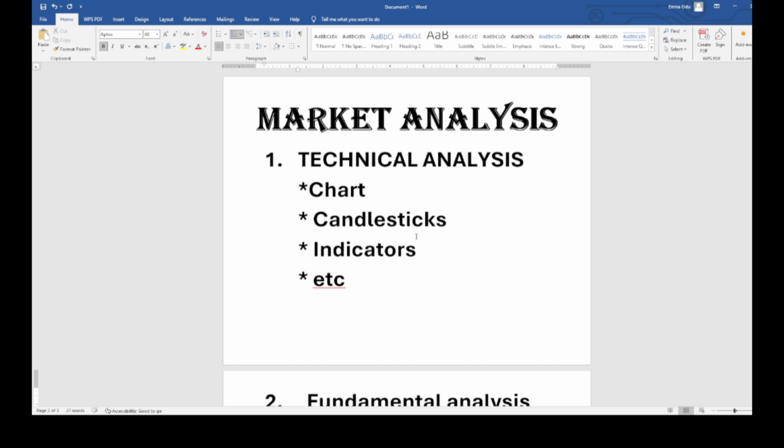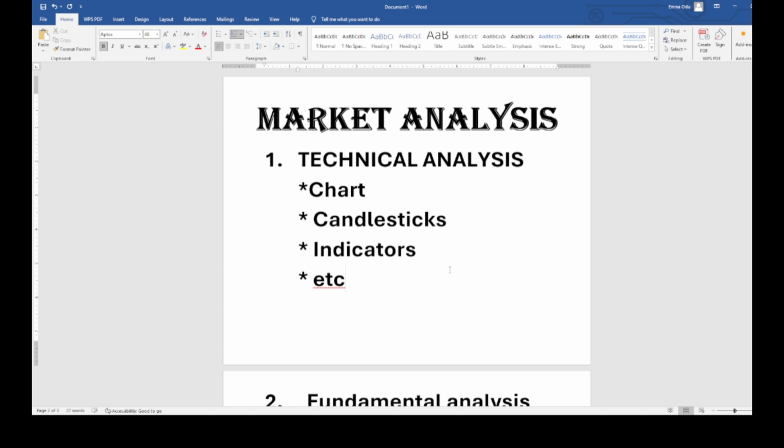So what we're about to do is called technical analysis, and we are analyzing the markets using the charts and candlesticks. If I'm going to use indicators, maybe one or two indicators, but when it comes to price action, the best tools to use are the chart and the candlesticks, and you monitor the price and the movement of the candlesticks. So that's basically what we know as price action.